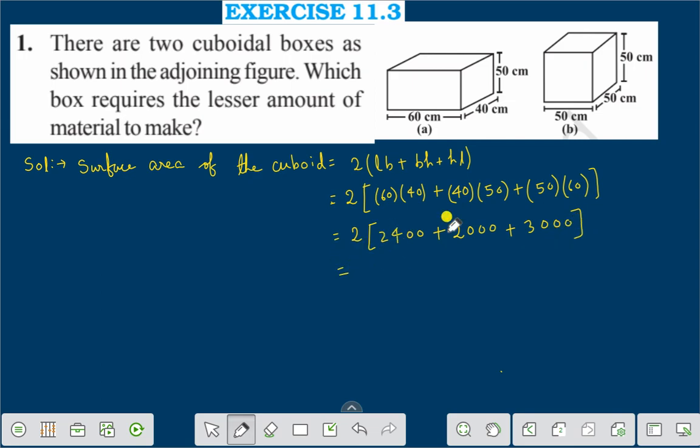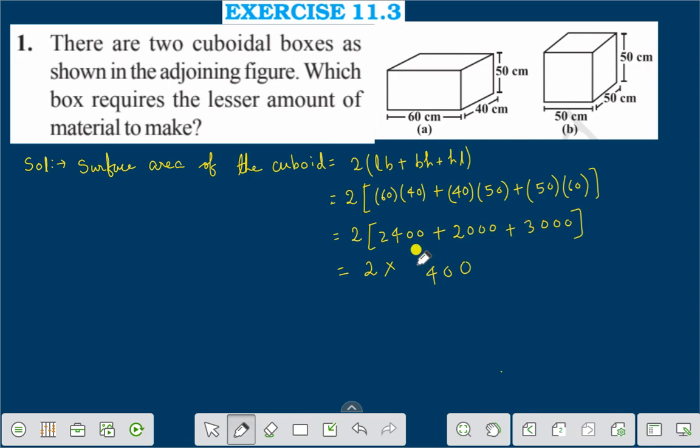Now if we add all these, we are getting 2 into 7,400.